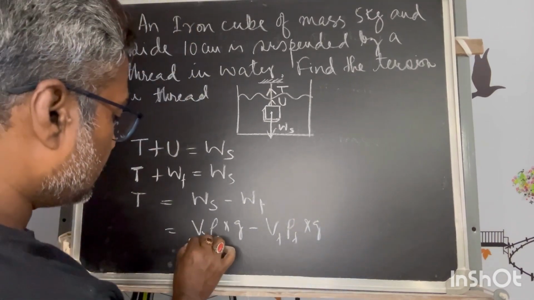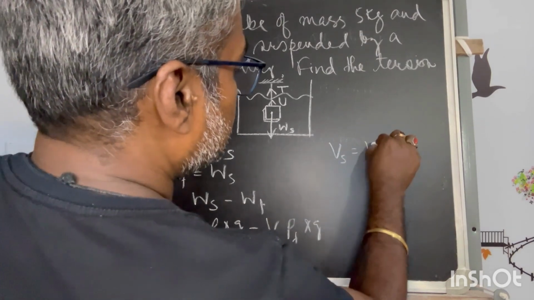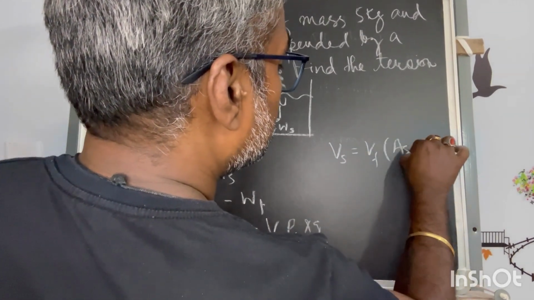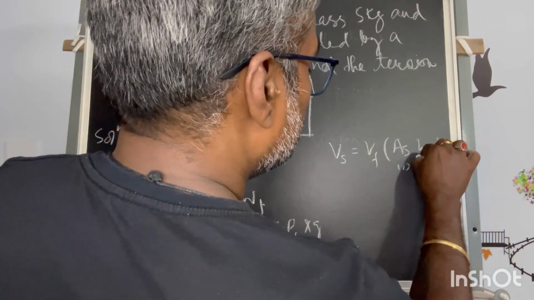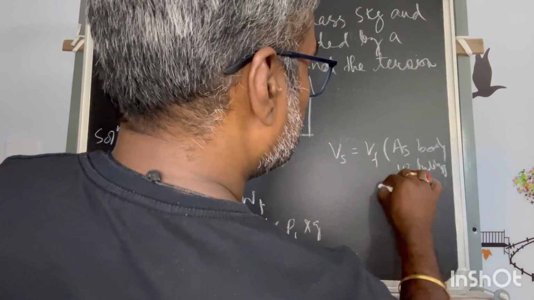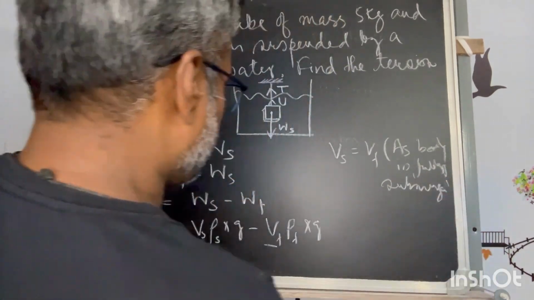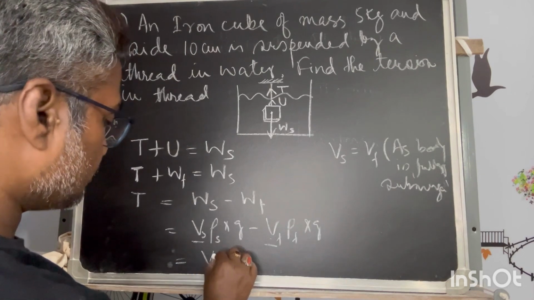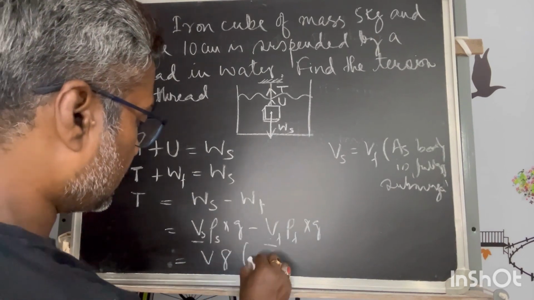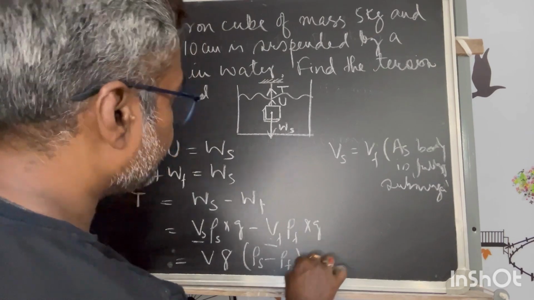Now Vf and Vs are the same, because the body is fully submerged. So we can take V and g common, and T is equal to V g into rho s minus rho f.